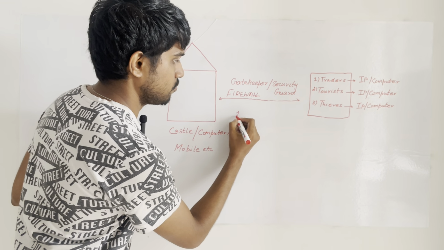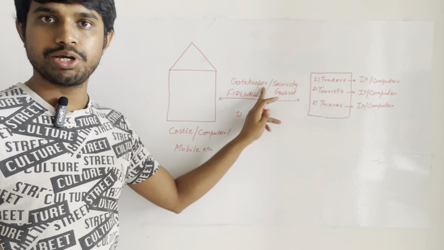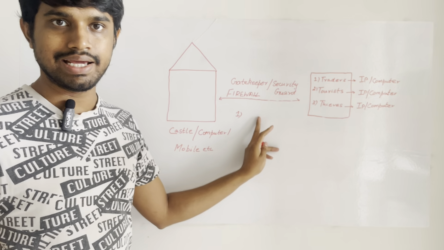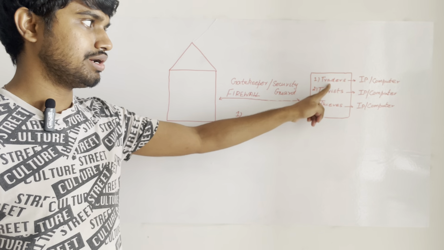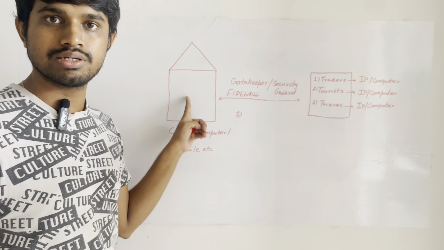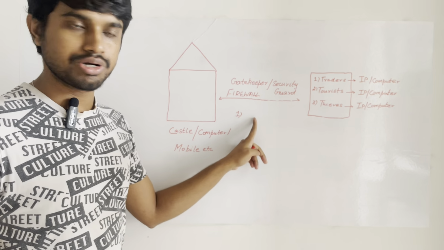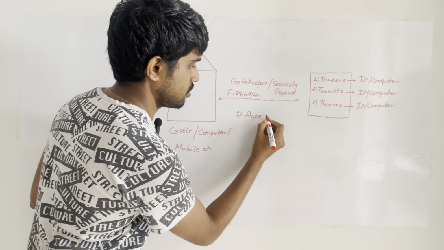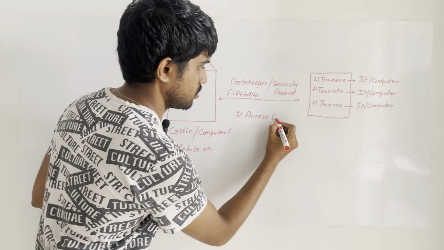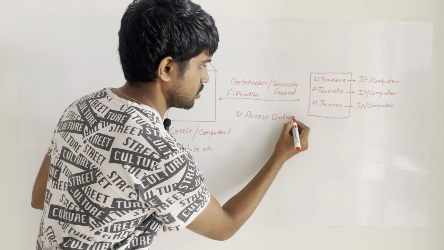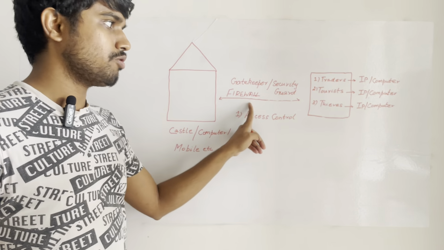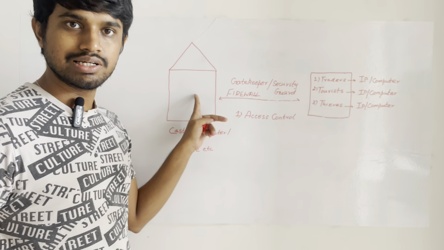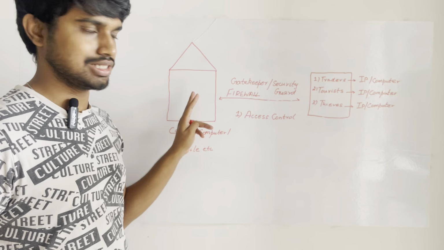Say, what is the first thing the security guard will do? When a trader or a tourist comes, they will check the ID card and verify if that particular trader or tourist has the permission to enter the castle. In computer terms this is called access control. When an IP comes in, the firewall will check if that IP is in the range which is whitelisted or allowed by your system.